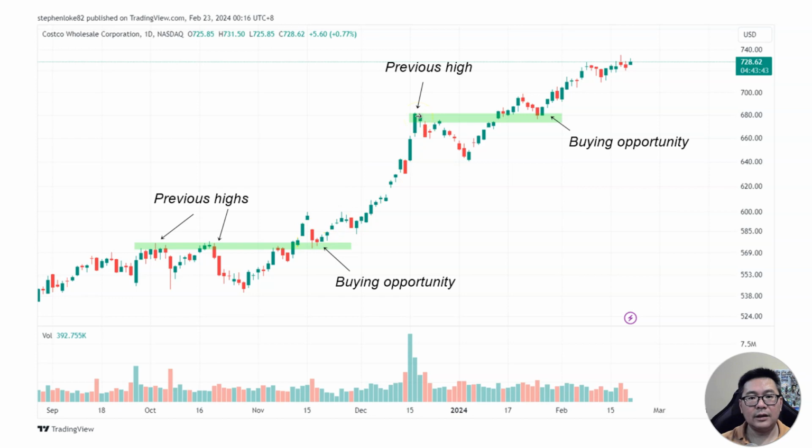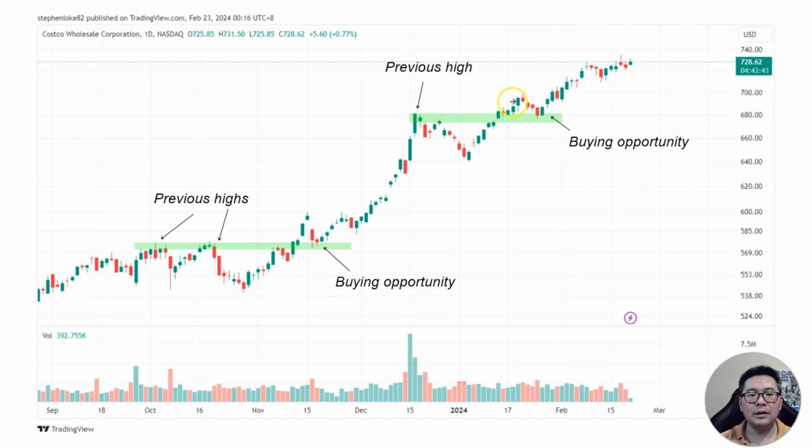But of course, with stocks, they don't go up in a straight line. Eventually they will correct sideways, and then it corrected down to this area. But immediately a green candle formed, the next day gap up, a doji, and green candles, and the stock was able to push above this previous high area.